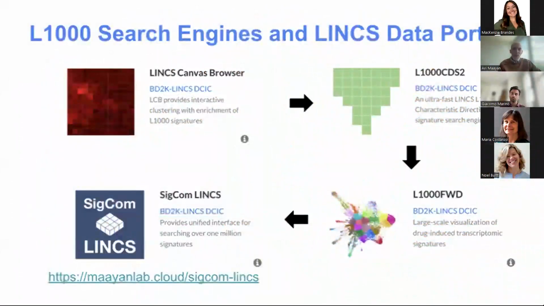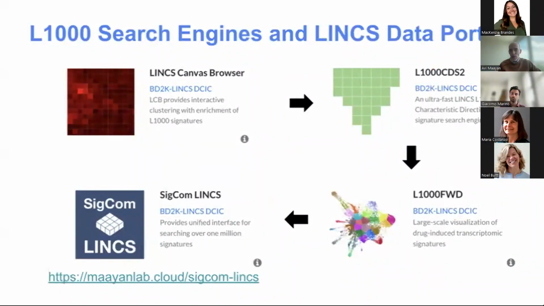So one of the things that we've been doing, some of those apps that we developed, is around the L1000. You can say that this is the most substantial data set that was produced by LINCS, and also the most widely used resource that came out. So throughout the years, we developed search engines to query that data set, the L1000 signatures.